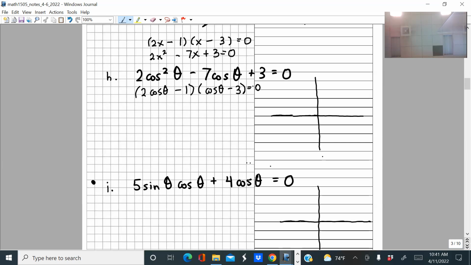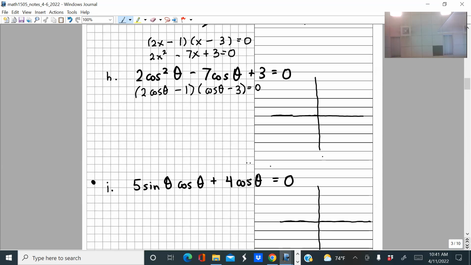Just check that by multiplying it back together. 2 cosine theta times cosine theta, that's 2 cosine squared theta. 2 cosine theta times minus 3, that's minus 6 cosine theta. And then minus 1 times cosine theta is another minus cosine theta. So you have minus 6 cosine theta minus 1 cosine theta, that's minus 7 cosine theta. That's right. And minus 1 times minus 3 is plus 3. So there we have it factored.